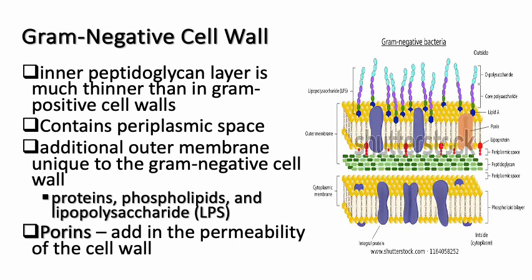Outside the peptidoglycan layer is the outer membrane, which contains proteins, phospholipids, and lipopolysaccharides or LPS. The protein channels called porins are also present in the outer cell membrane, allowing water-soluble molecules to enter the bacterial cell.